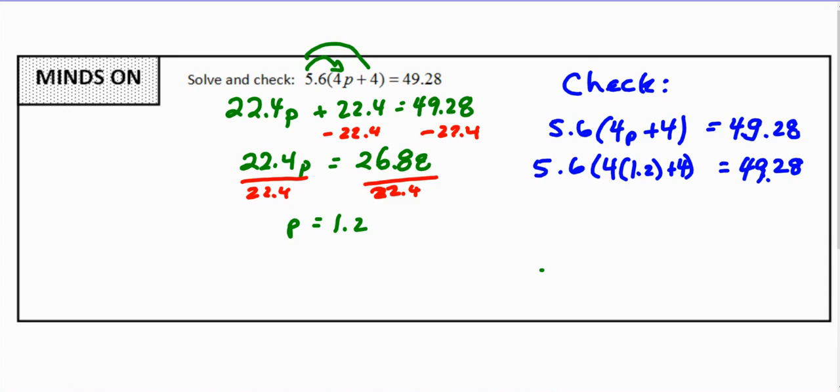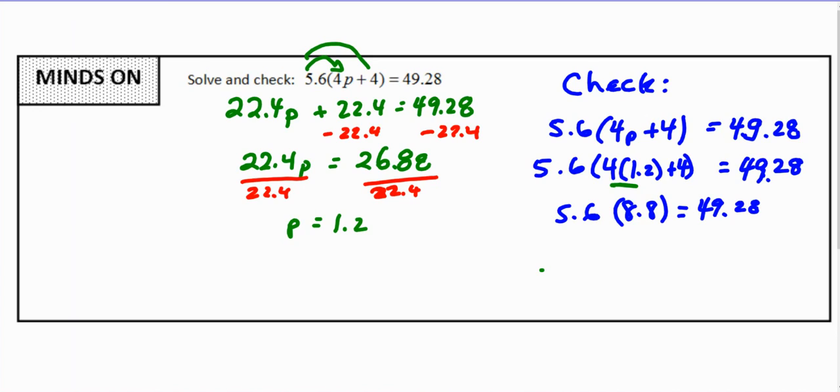Okay, so right now we're going to look at this right here. We can probably do all of this in one shot. So this is going to be 4.8 plus 4. 4.8 plus 4 will be 8.8, times what was already there, 5.6, equals 49.28.